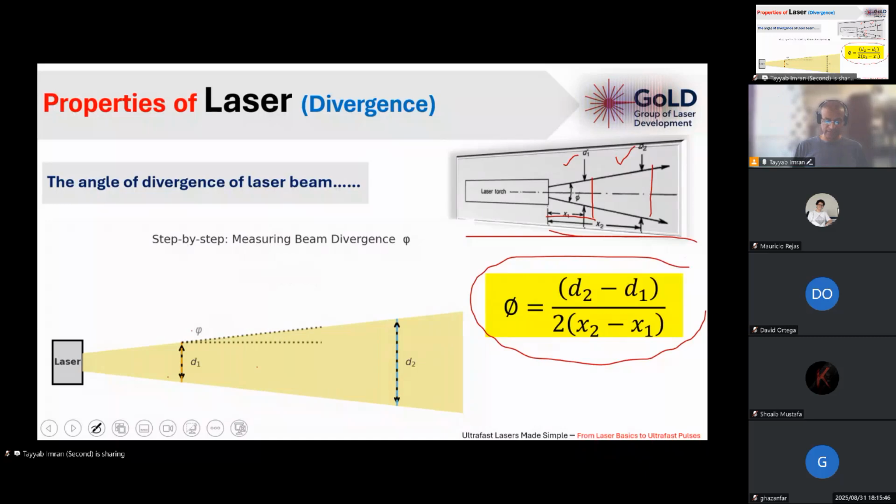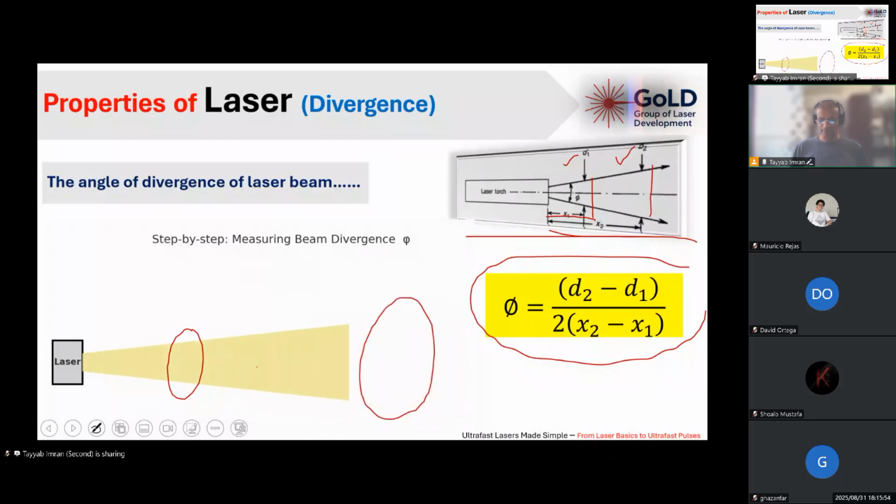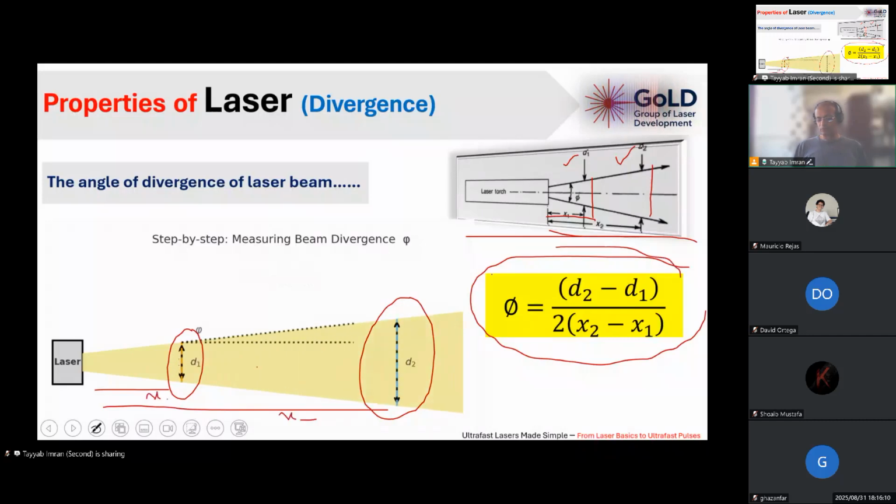Here this is D1, and this one is D2. And what is the distance of D1 and D2? X1, X2.